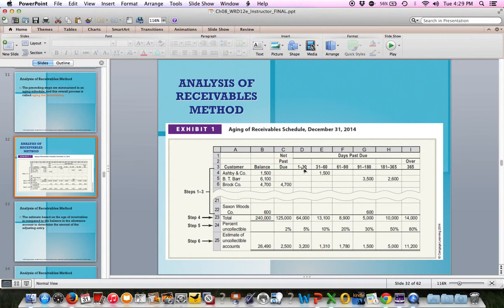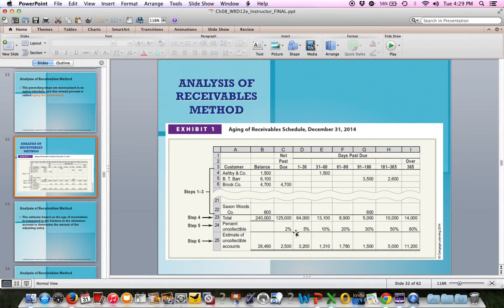If it is past due, how past due is it? You can see we rank it in 30-day increments for a while here. Then once we get past 90 days, our increments are a little bit bigger: 91 to 180, then 181 to 365, then anything over a year old. Notice that we total that up, and then we apply a factor or a percent based on how old it is.